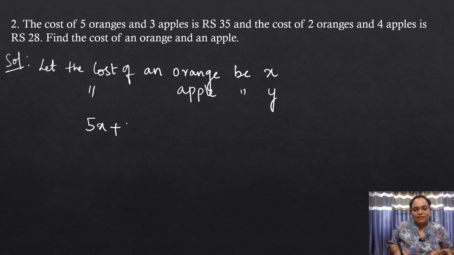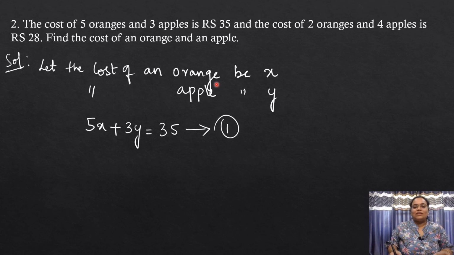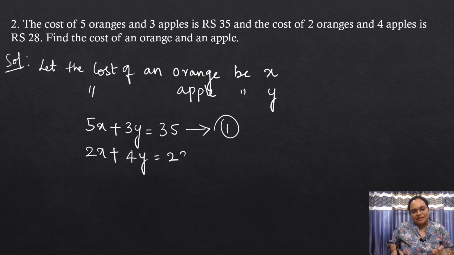So plus 3y is equal to rupees 35. Okay. So this is your equation 1. See, the cost of 1 orange is x and 2 oranges is 2x. So 2x plus 4 apples is 4y is equal to 28. This is your equation 2. We have got equations 1 and 2.